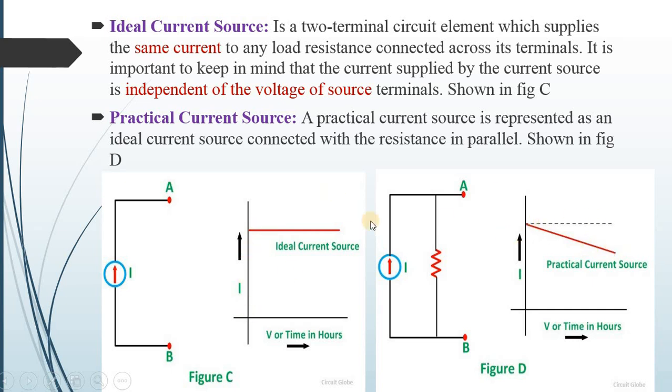So by comparing the ideal current source and practical current source, in an ideal current source, current is constant with respect to voltage, but in a practical current source, current is reduced as voltage increases. So this is all about the ideal current source and practical current source.